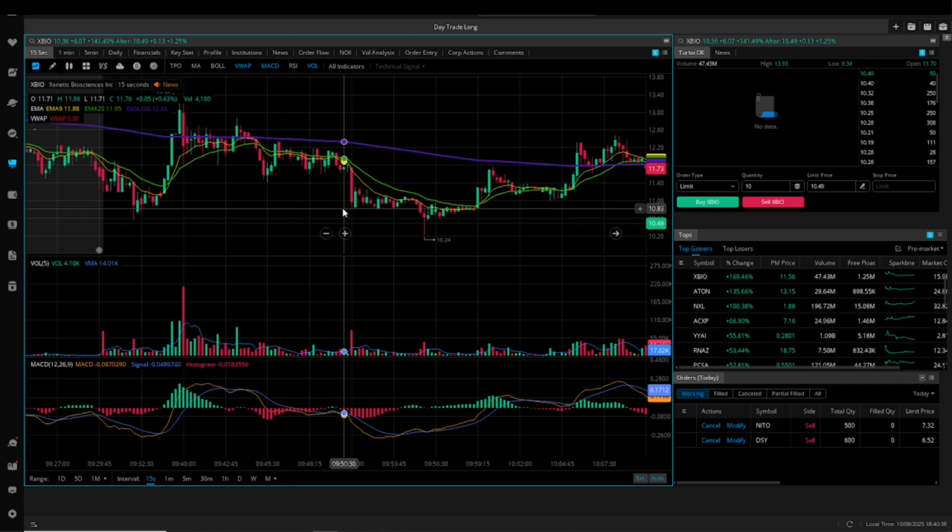So I wasn't really sure about this stock. So I took a 100 share position at 11:05, which is right on this candle. So this went all the way down to 10.82, but I bought it at 11:05.